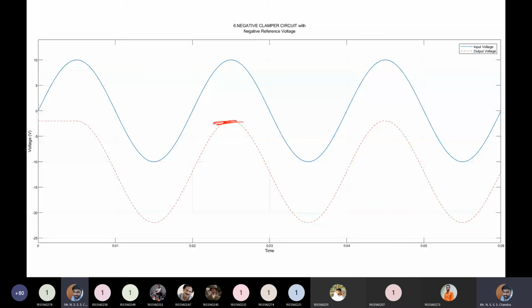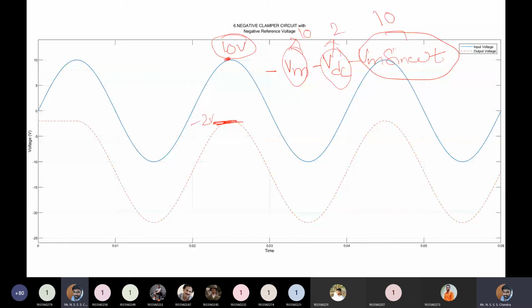If the maximum value of the input voltage is 10 volts, we are observing around minus 2 volts. That is, we are observing minus Vm minus VDC plus Vm sin omega t. This is your output voltage, right? So this portion we are replacing with 10 volts, this again with 10 volts, and this is 2 volts.